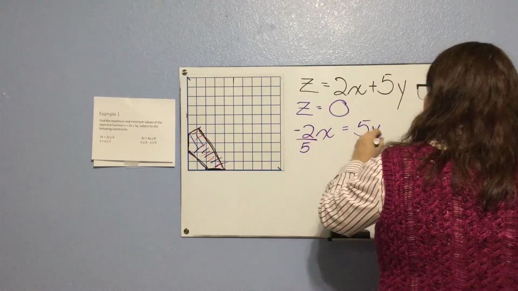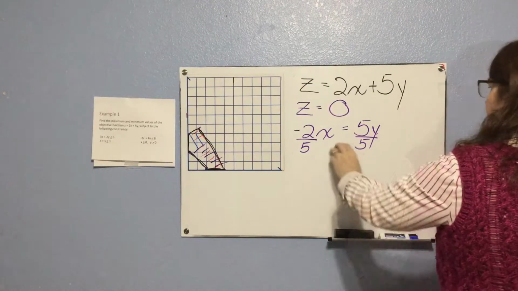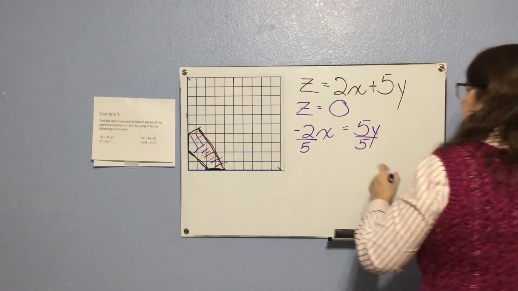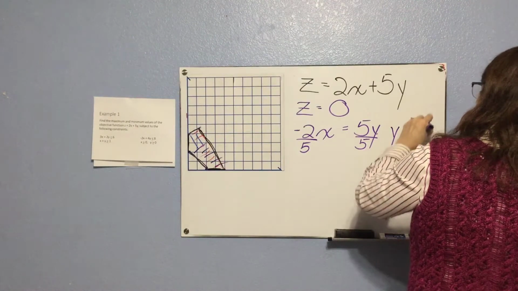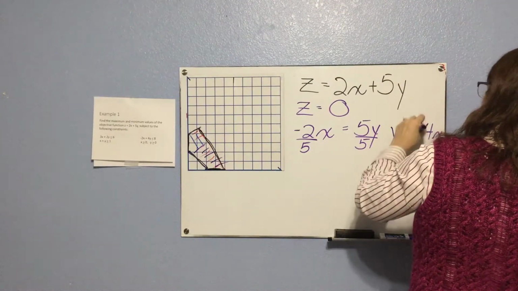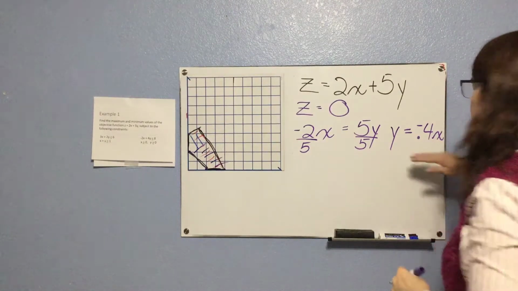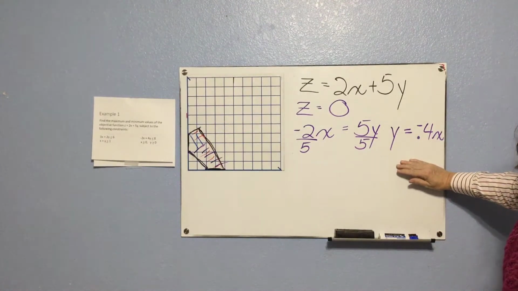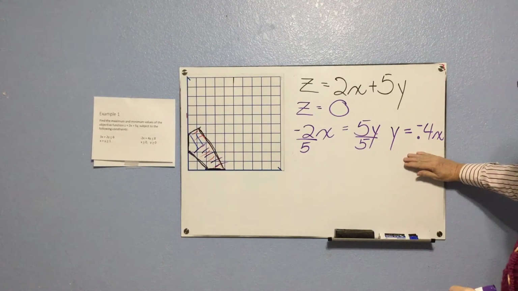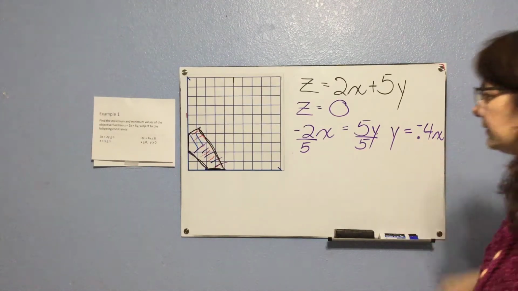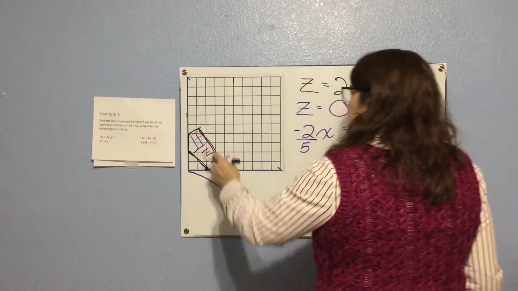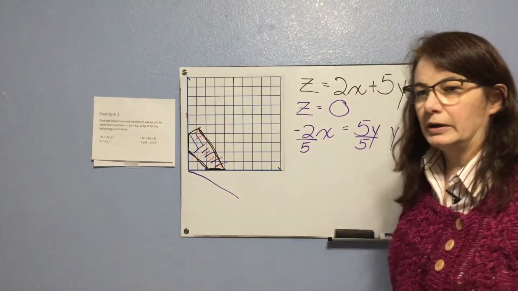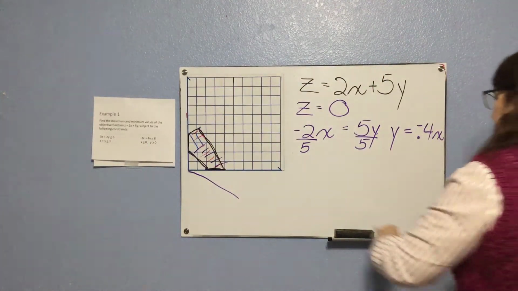So after I divide by 5, y equals negative 0.4x. Because there's no y-intercept here, I know that this goes right through the origin. It has a negative slope, so it's going to come down something like this, and it's never going to touch my feasible region. So that's not going to work.